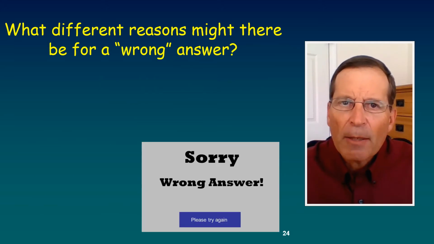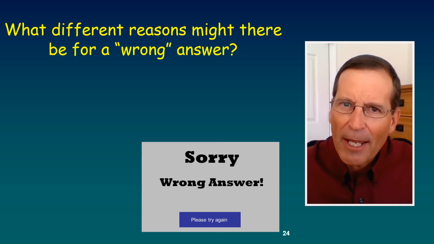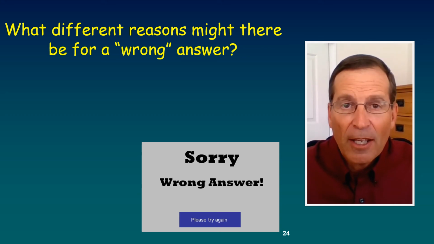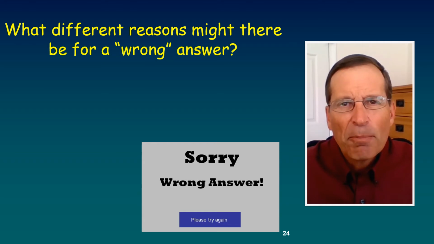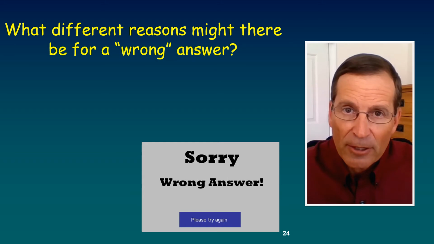Now, at times, the people you are testing your translation with will give you what you consider to be a wrong answer, and that can show you where your text might need to be improved. But sometimes they clearly have given a wrong answer when the text should be already clear.